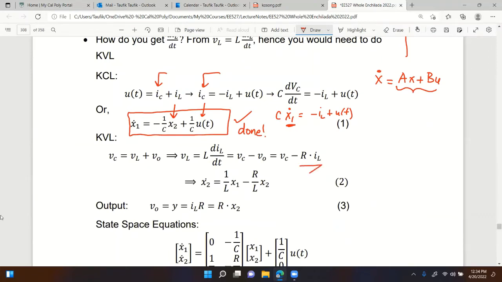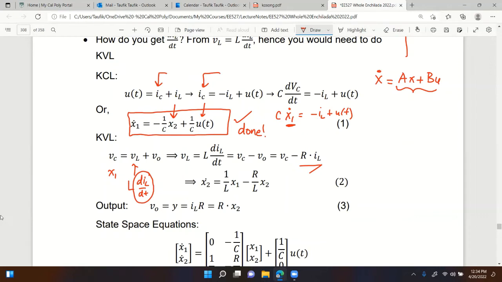And I know that V_C is our state variable x1, isn't it? V_L is the one that gives us dI_L/dt. That's what we're looking for, the first derivative, and then move it to the left. That's what I did. I moved V_L to the left, right there.